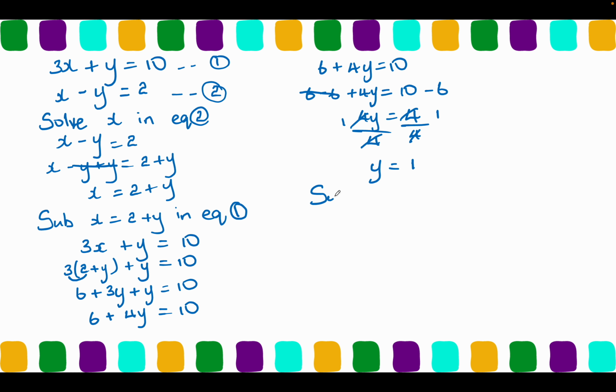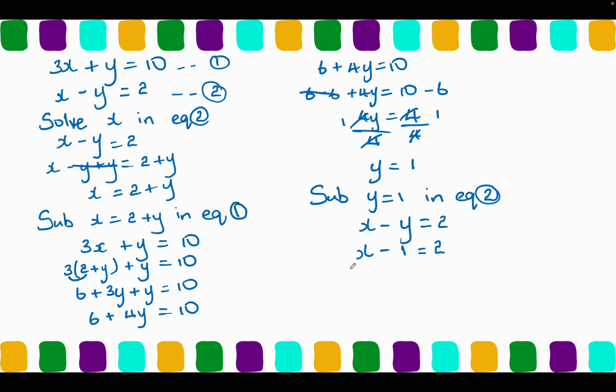Now we're going to substitute the value of y is equal to 1. Let's use equation 2. Now we're going to rewrite equation 2, which was x minus y is equal to 2. Alright, so we need the value of x, but we have the value of y. In this case, x minus 1 is equal to 2. Now we need to get x by itself.